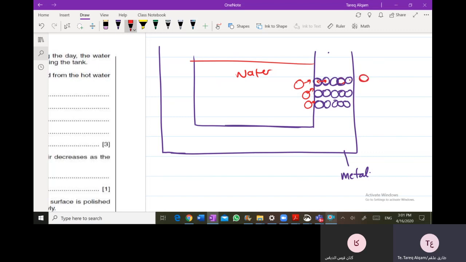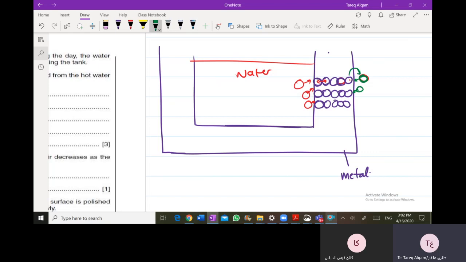So here we also have air molecules, and the green ones are air molecules. When these air molecules collide with metal atoms that are vibrating faster as a result of this heat transfer, the air molecules will gain energy from these atoms.